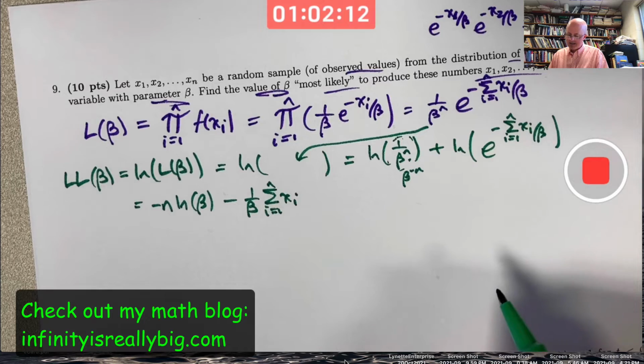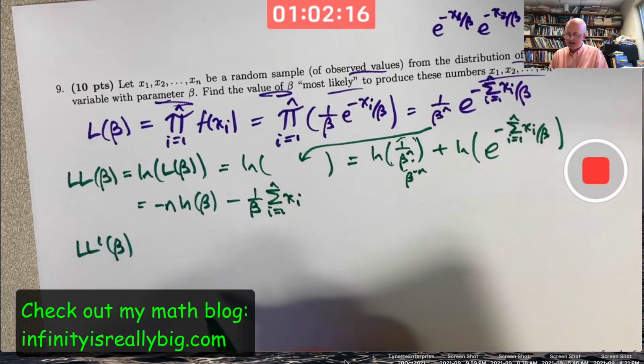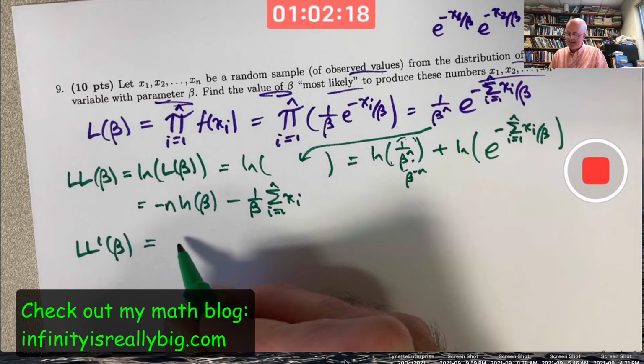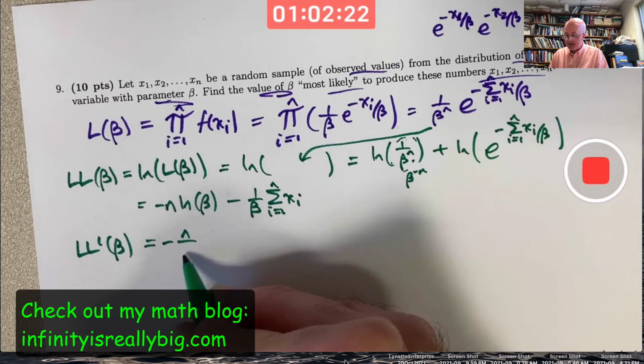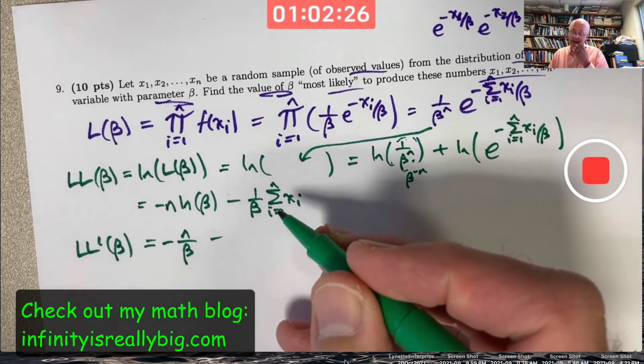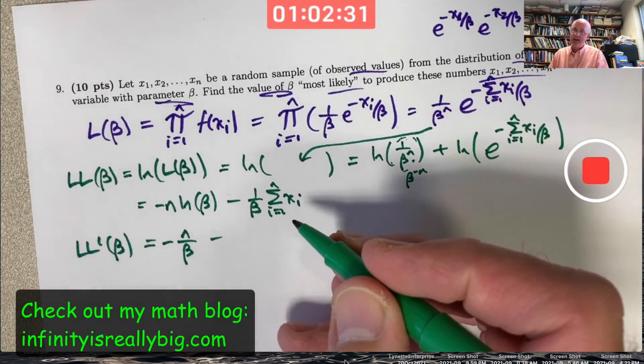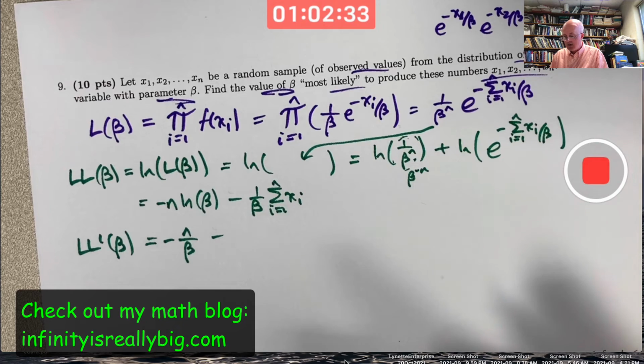We want to maximize this thing, so we better find its derivative with respect to beta. Differentiate this thing with respect to beta. Derivative of natural log of beta is 1 over beta, so I get negative n over beta. 1 over beta is the same as beta to the negative 1. When I differentiate beta to the negative 1, I get a negative 1 beta to the negative 2.